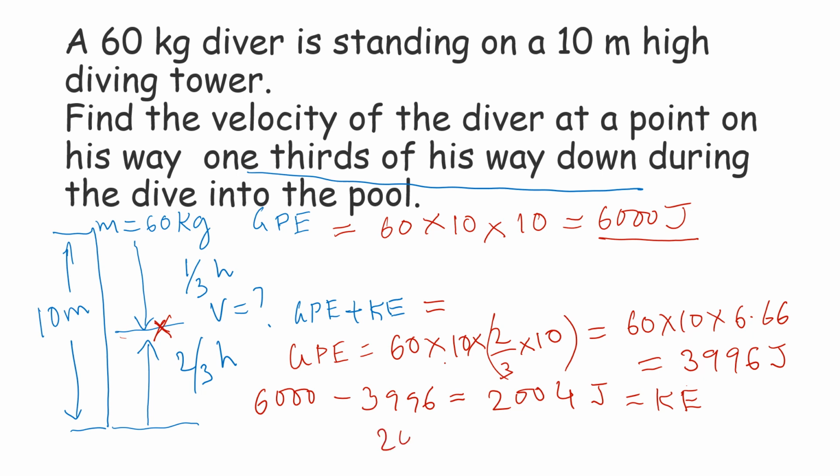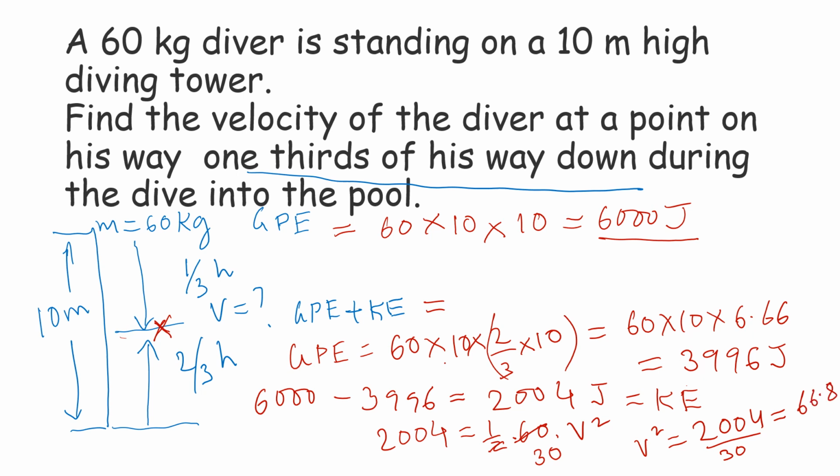So now if you solve it, 2004 equals 1/2 times 60 times v square. If you divide 60 by 2, that's going to be 30. So v square will be, if you divide both sides by 30, 2004 divided by 30, and that's going to be 66.8.